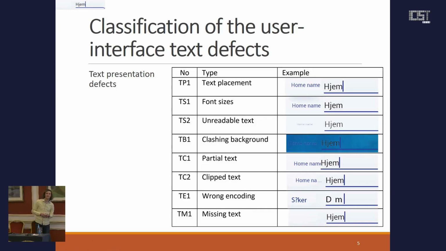On some devices the text would be too small to actually read. Basically the font gets too small. If it looks fine on the big phone, and the application is installed on a smaller screen phone like this one, text size maybe gets too small, it's scaled too much, and a person just cannot read it. So this is one kind of defect.